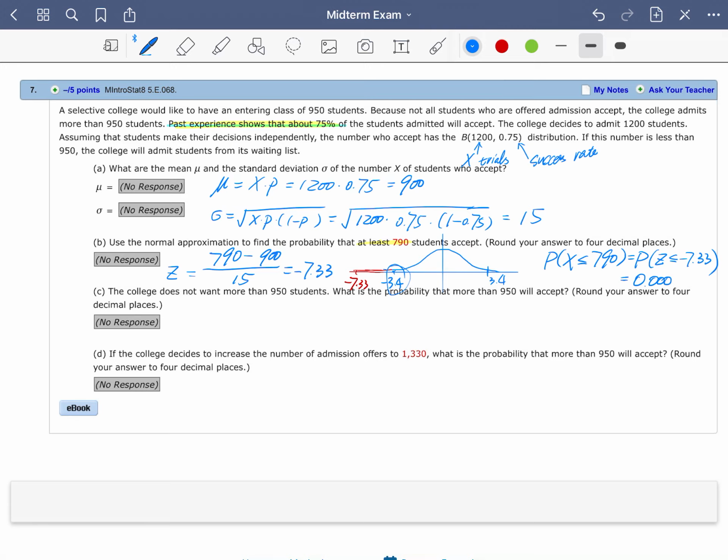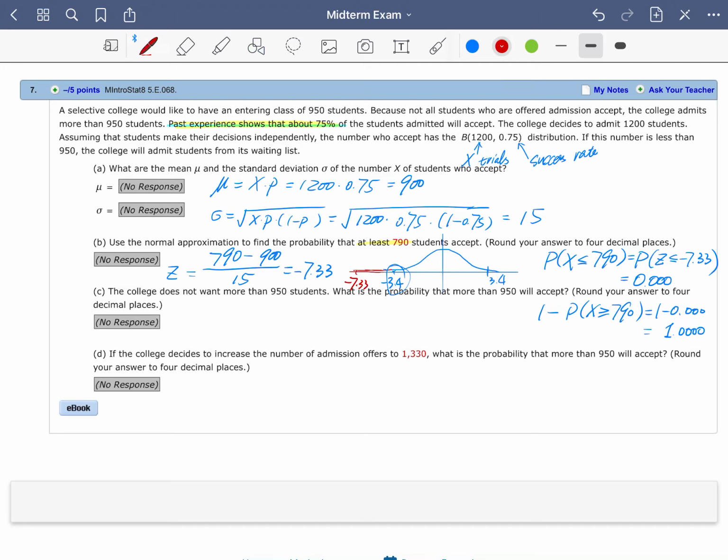The question asks for at least, so it will be 1 minus the probability of x less than 790, which is 1 minus 0.000, actually equals 1. Round your answer to 4 decimal places, so I need to put 1, then 4 zeros after that. So this is for part B.